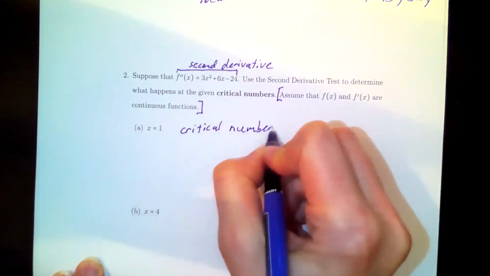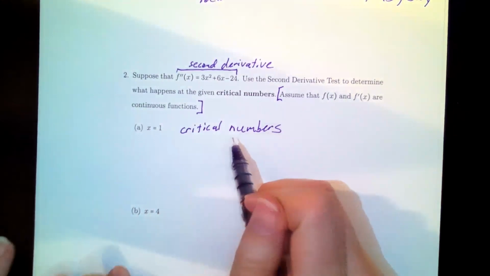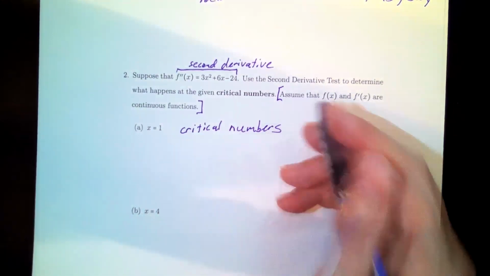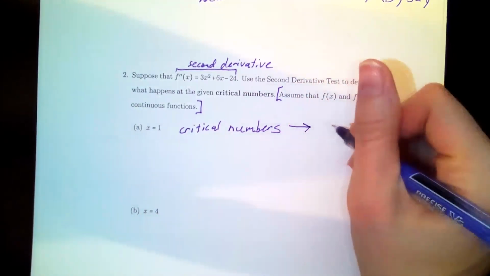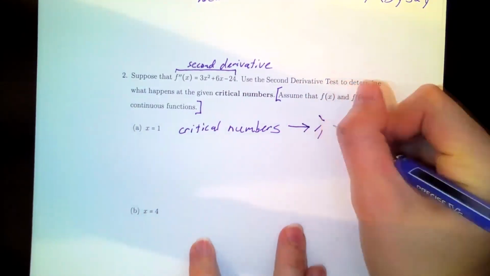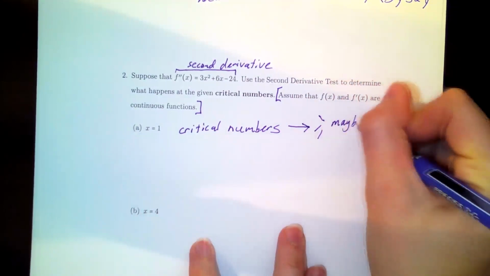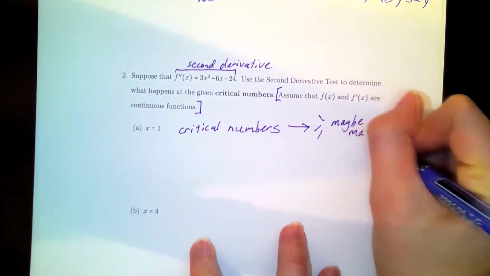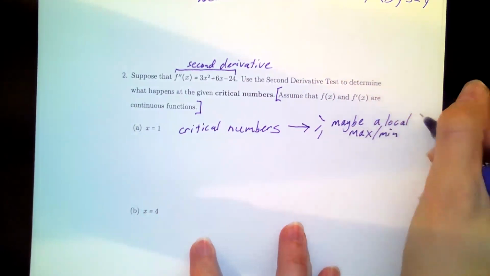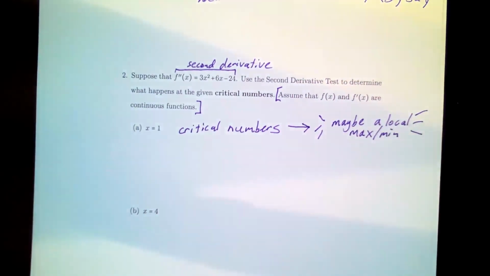These critical numbers come from the first derivative, but if they're given the title critical number, that means they have this shiny possibility of maybe being a local max or min.